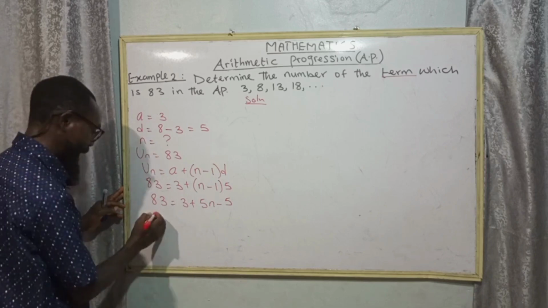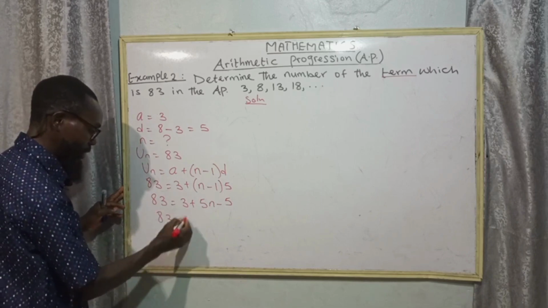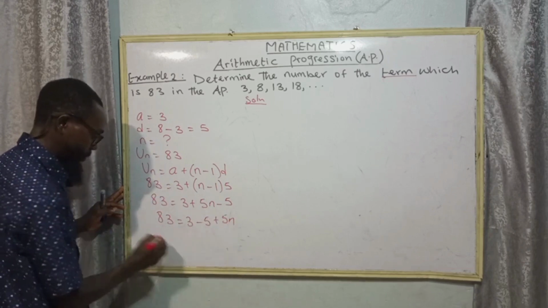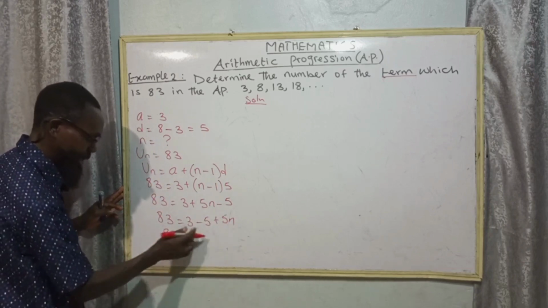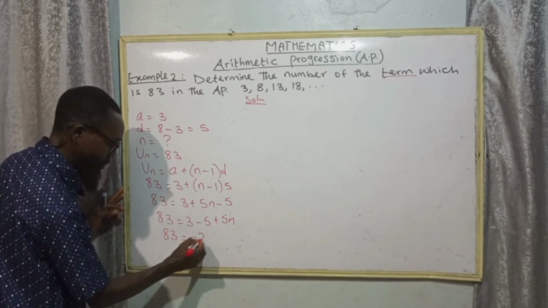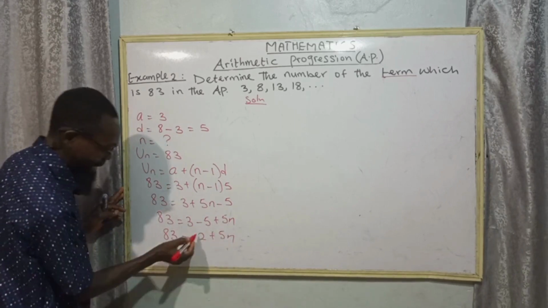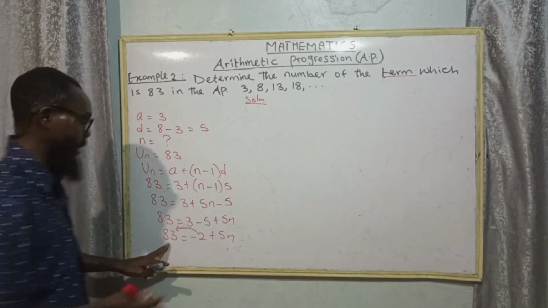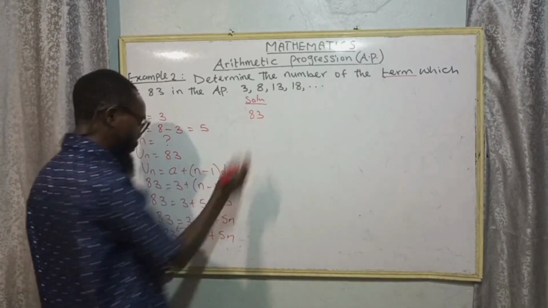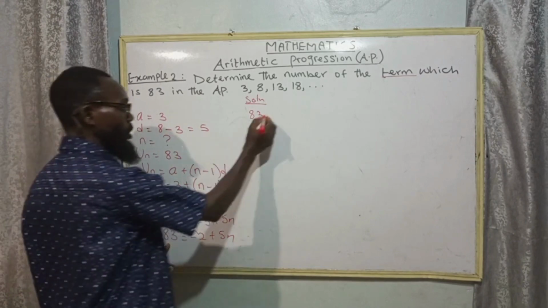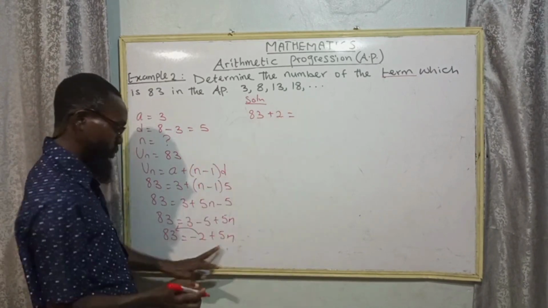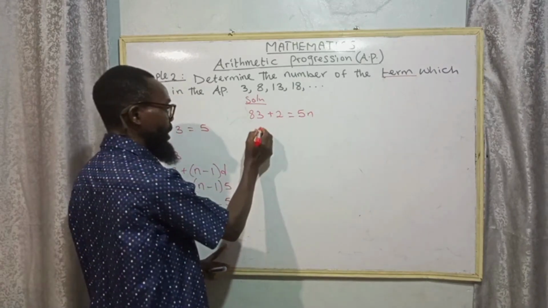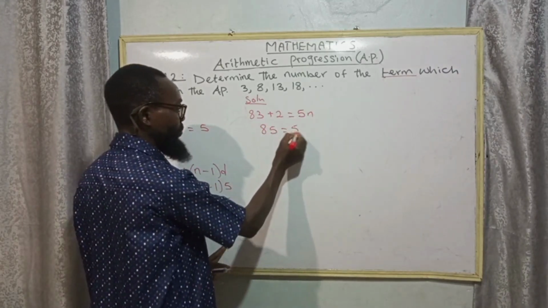So from here, I have 83 equals 3 minus 5 plus 5n. 83 equals 3 minus 5, I have minus 2 plus 5n. Let's make minus 2 meet 83 since it does not have n. So we have 83, and when minus 2 crosses, it changes to plus 2, equals 5n. 83 plus 2, I have 85 equals 5n.